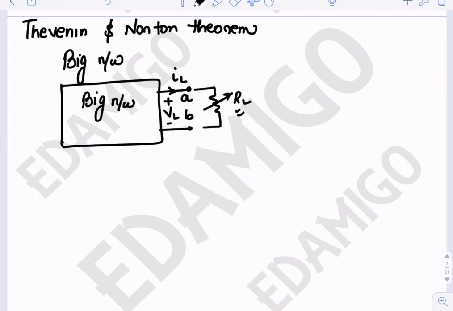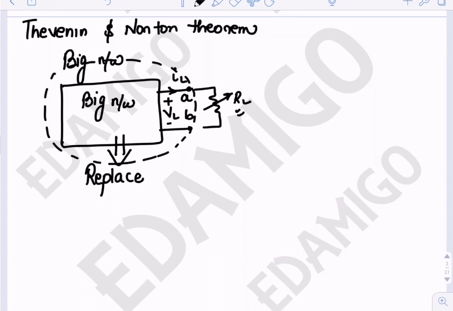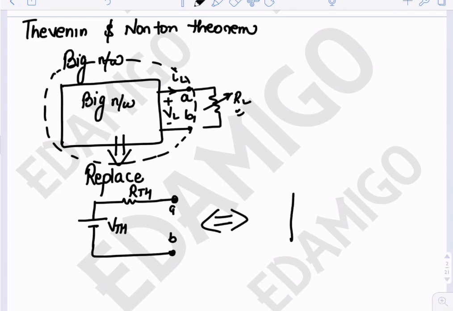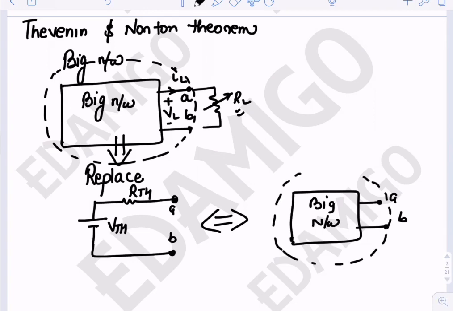So to solve this issue, we replace this whole big network between terminals A and B by a series combination of VTH voltage and resistance RTH between terminals A and B. So we can say that this is the equivalent of this big network between terminals A and B. So a big network between terminals A and B can be replaced by a simple series combination of voltage VTH and RTH as seen in the figure.